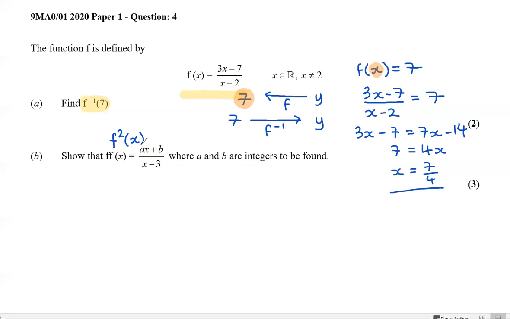Now, in order to do that, if I take the function f, my input has to be the function f as well. That's what happens when you apply f twice. So in other words, I'm plugging 3x subtract 7 over x subtract 2 into itself.